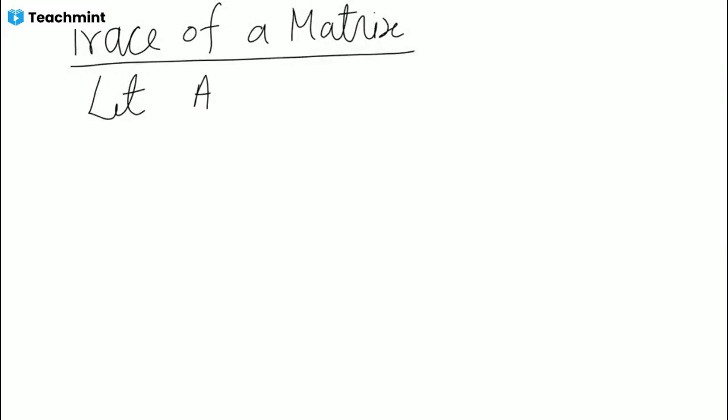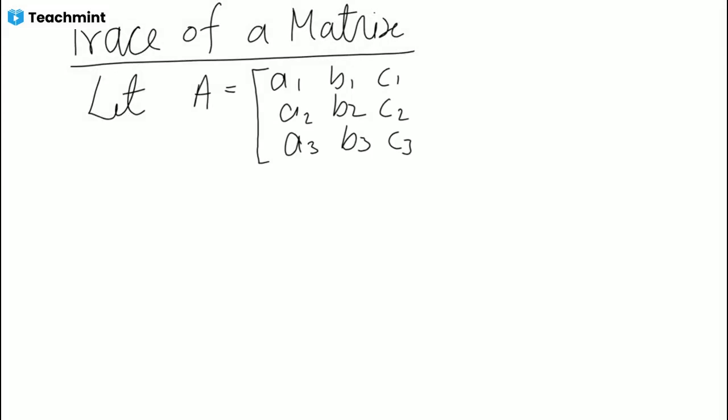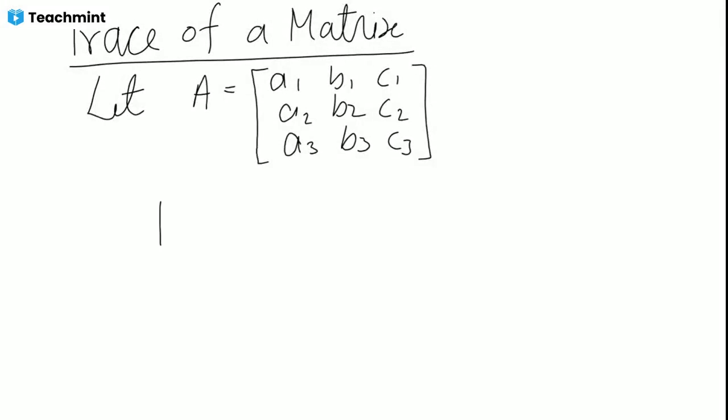Let matrix A have elements A1, B1, C1, A2, B2, C2, A3, B3, C3. Then the trace of the matrix is denoted by this symbol, and it means just add the diagonal elements only.